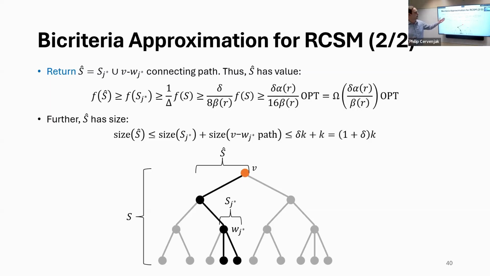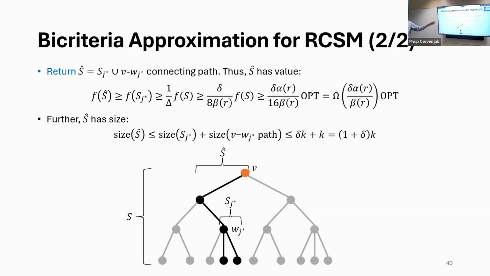And from there, it's at least the average value of the subtree. So again, it's 1 over delta times the value of f of s. We plug in the value of delta, and again we simplify this to our approximation, but we have this delta factor here.